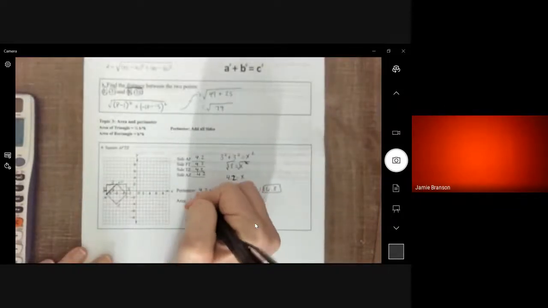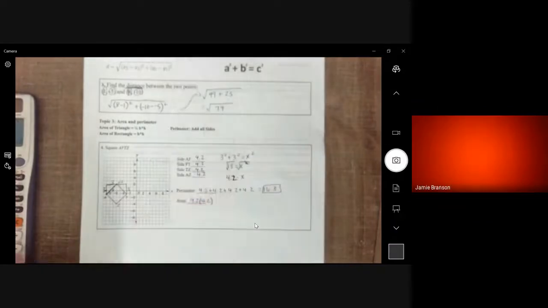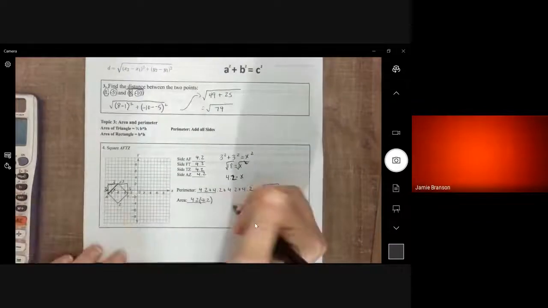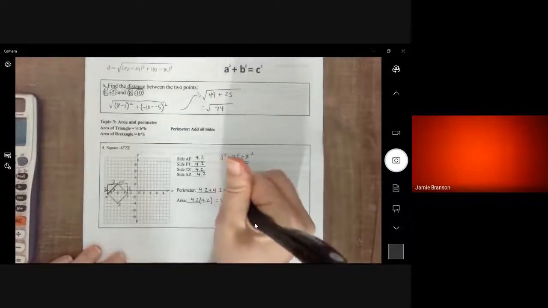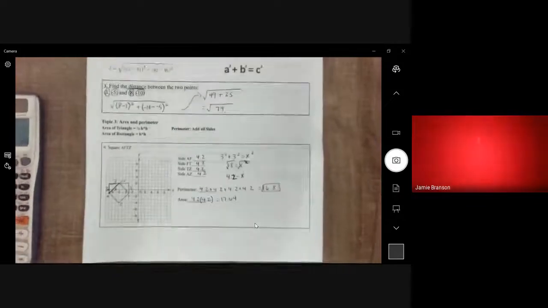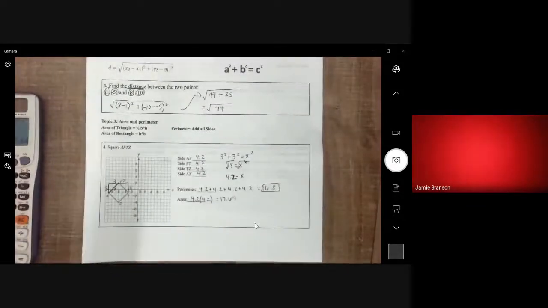So 4.2 times 4.2. And that gives you 17.64. Okay? So depending on what the shape is, if it's a rectangle, you would have to find both sides. But since this one said it was a square, we could just do one side and we knew they were all the same. All right, so those are our first 3 topics. We got a few more to work through here.